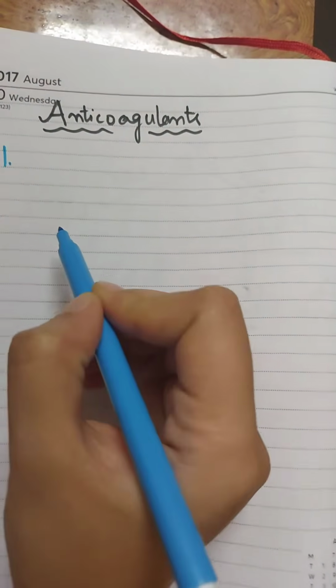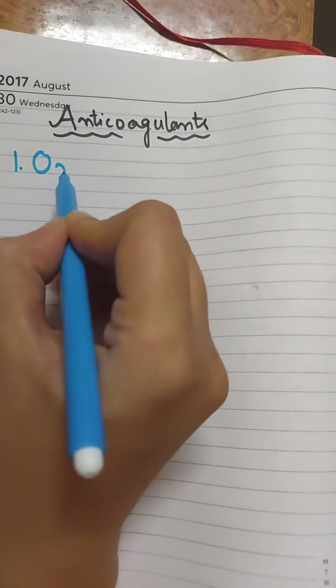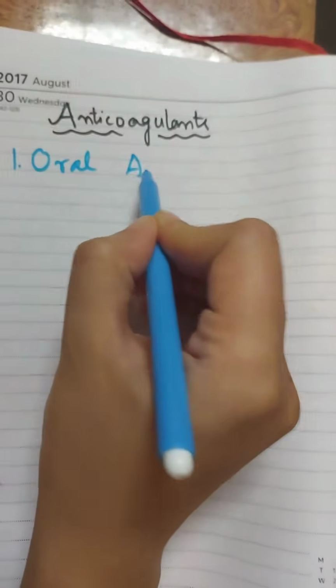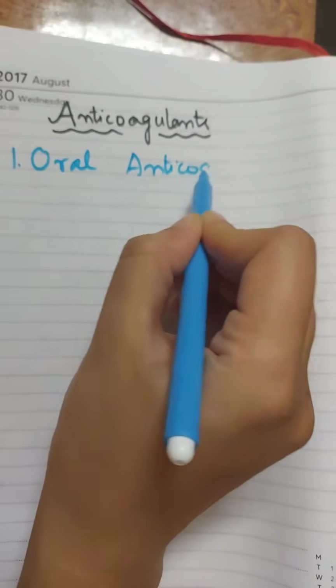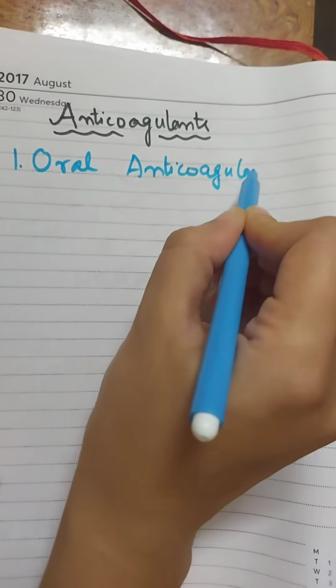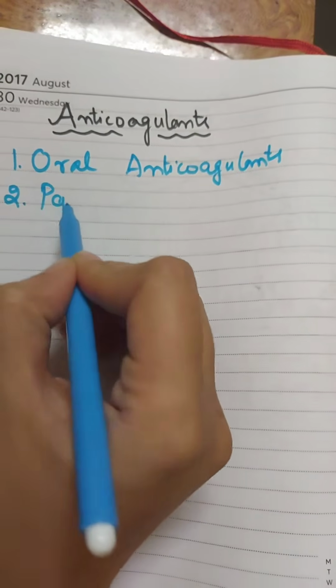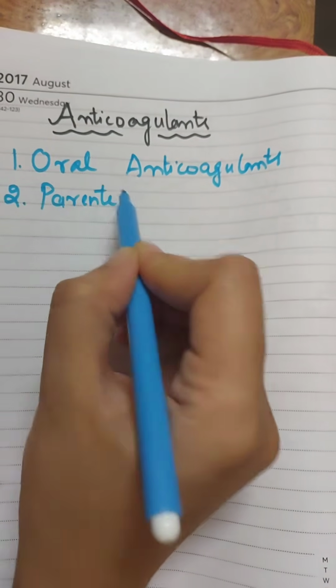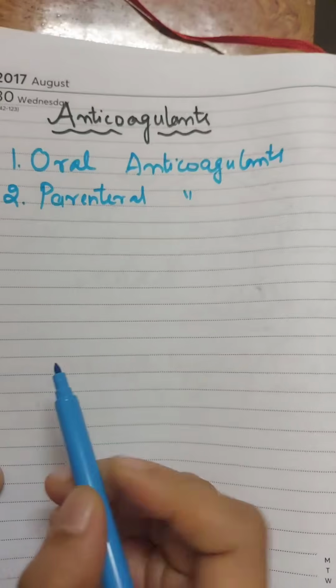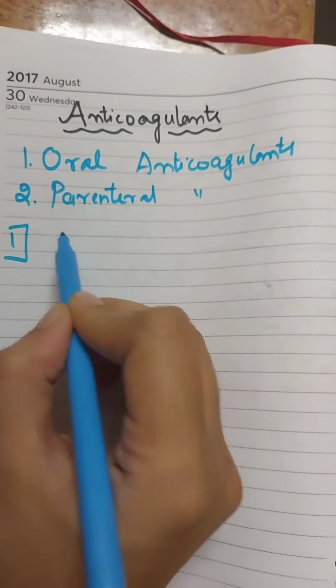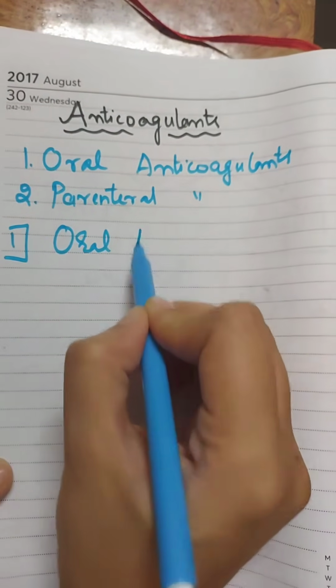First one is oral anticoagulants, and second one is parenteral anticoagulants. So we'll start our discussion with oral anticoagulants.